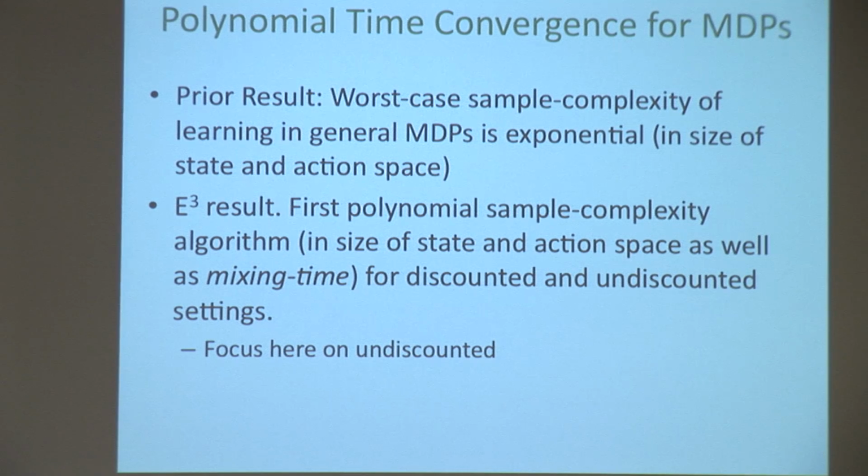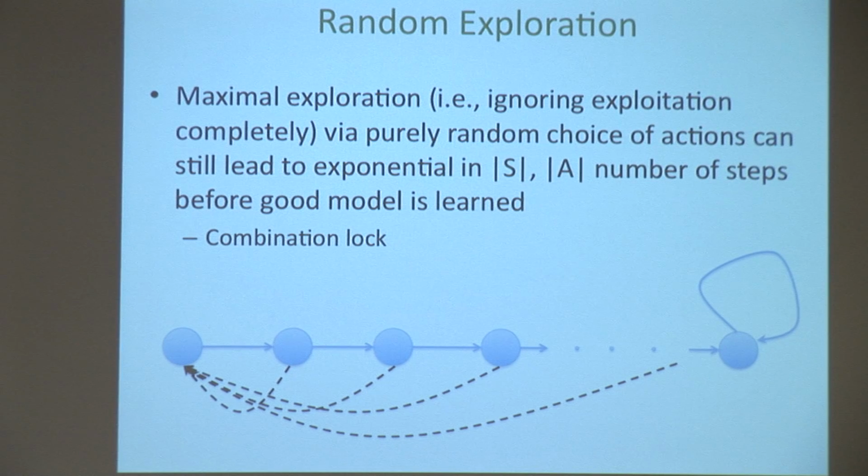So in this combination lock example, the random policy has exponential mixing time, exponential in the size of state space, because it takes you exponential time to get to the end.